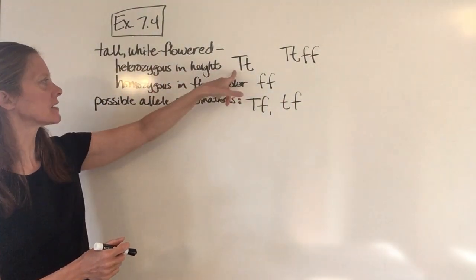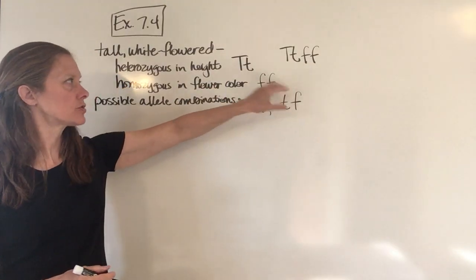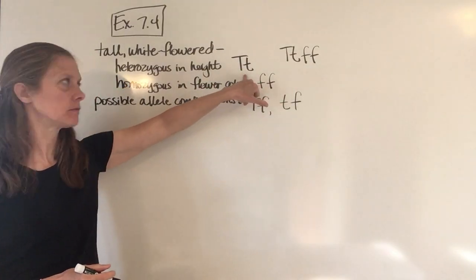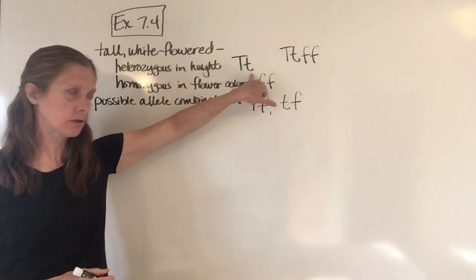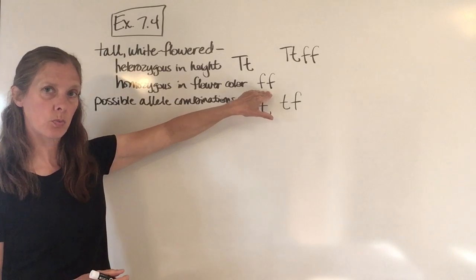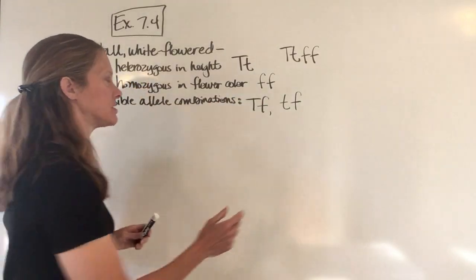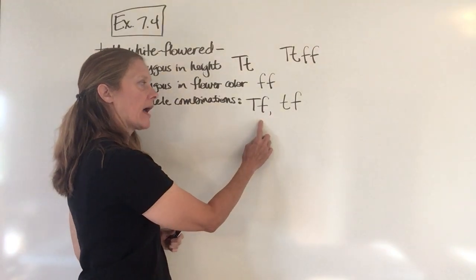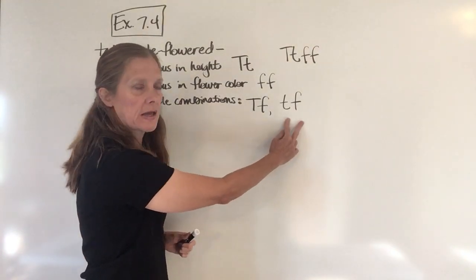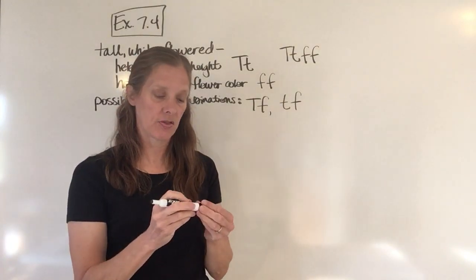It's heterozygous in height, homozygous in flower color, okay? So heterozygous means it carries both the tall and the short allele. Homozygous in flower color, it can only give me white alleles. And we said that for the possible combinations, it can be a capital T little f or a little t little f. And if I self-pollinate this, then it's going to look like this.